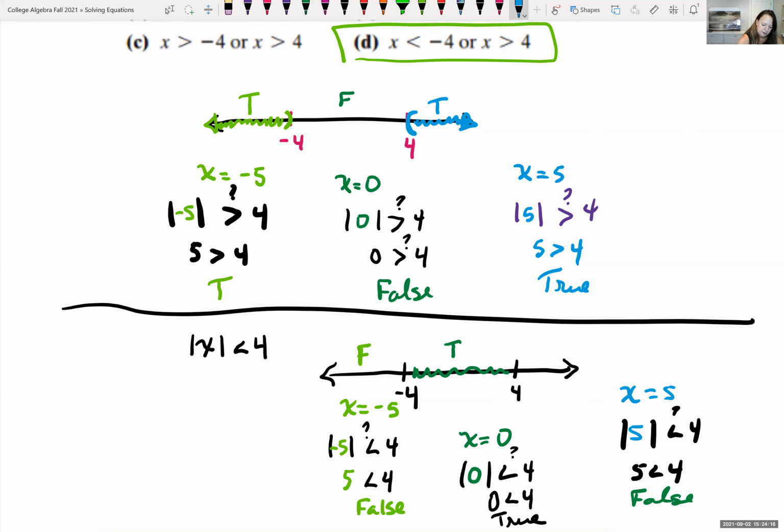Okay, so I wanted that blue, but that's okay. Again, we are not going to include the bounds of that inequality. We're not going to include -4 or 4 because the equal to part is not in the inequality. So we're going to put parentheses on the 4 and -4.